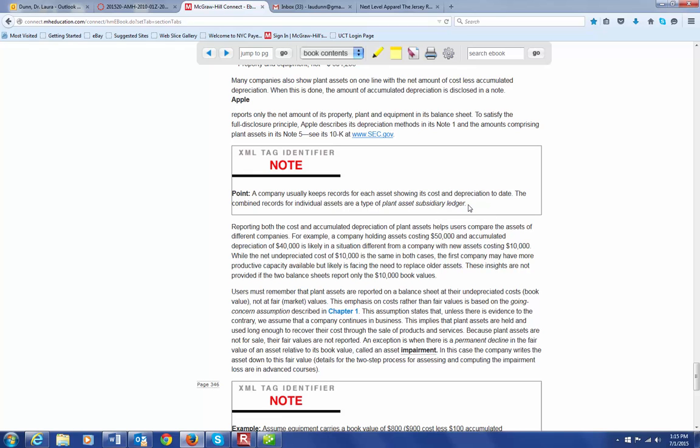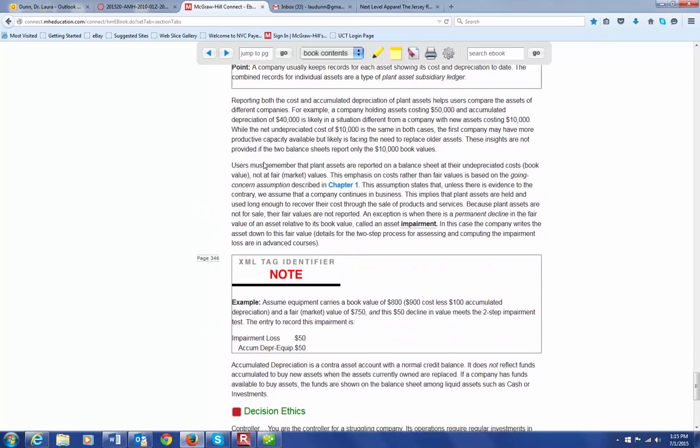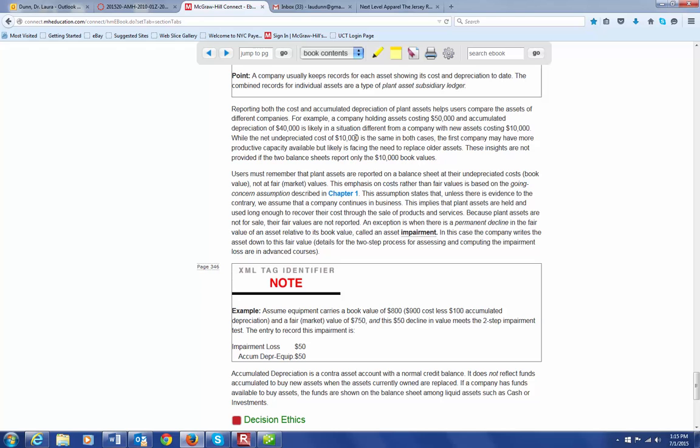Not everybody does that, but some companies do. And why you might go about doing these things and what you can learn as a user of financial information by looking at different companies' financial statements and how to compare those. This is what is talked about here.